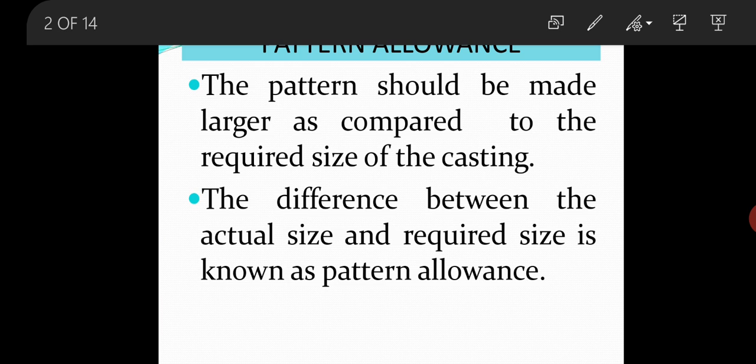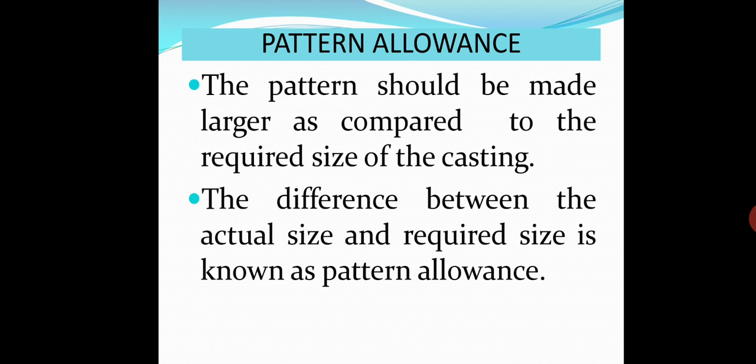But when the pattern is prepared, it should be made larger as compared to the required size of the casting. This difference between the actual size and the required size is known as pattern allowance.